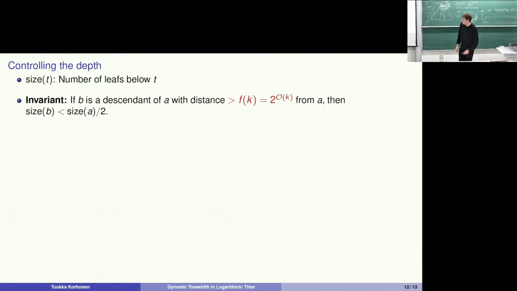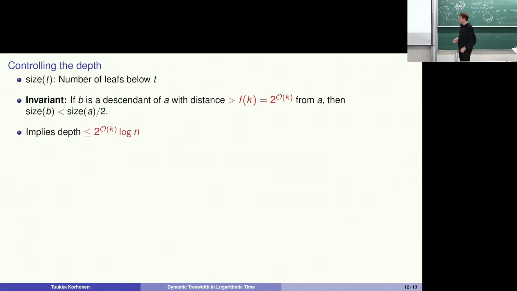This condition implies that the depth is controlled, because it just means you cannot have too long root-to-leaf paths.